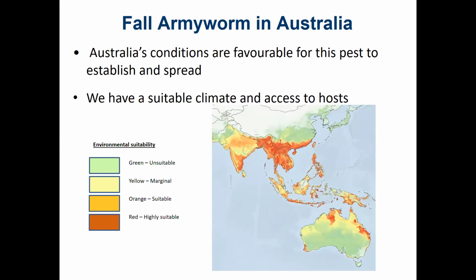As shown on the map below, the areas in orange and red are considered suitable or highly suitable for fall armyworm. But the yellow areas on the map are also important because these are marginal habitats and may support fall armyworm populations as well. These orange, red, and yellow areas are also areas where we grow a large number of crops that are favored food for fall armyworm.